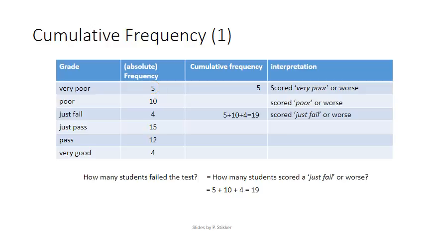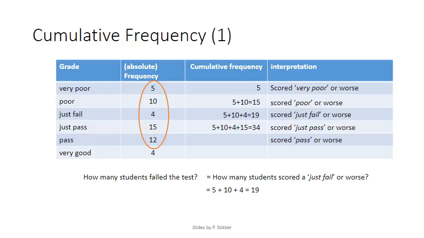For the next one, we'll have a look at how many students scored poor or worse, which is the addition of these two, which becomes 15. For the number of students who scored a just pass or worse, we add up all of these. And for the number of students who scored a pass or worse, we add up almost all of them. And the last one is actually everybody, because everybody scored very good or worse.